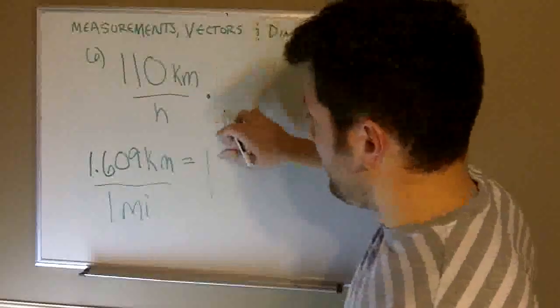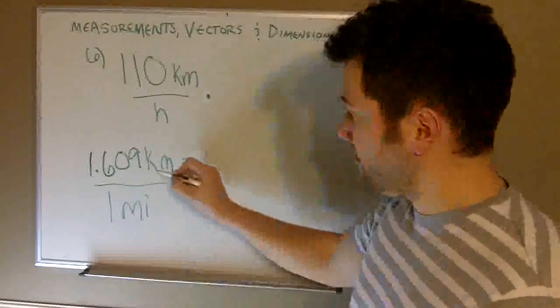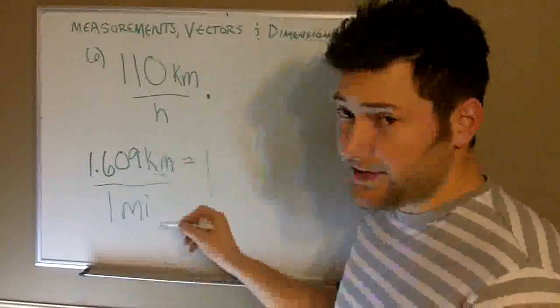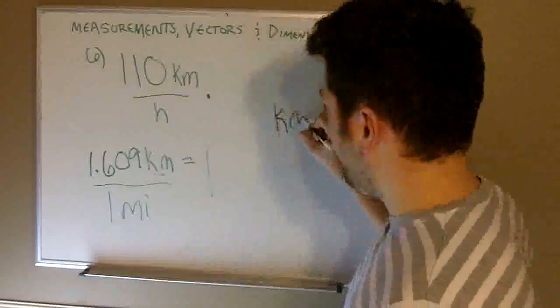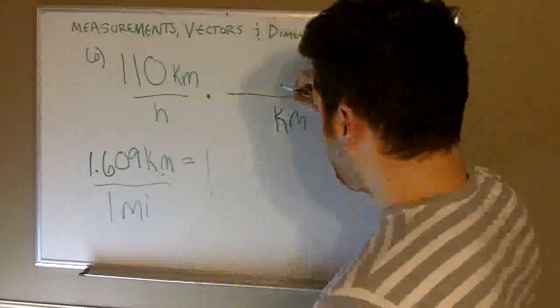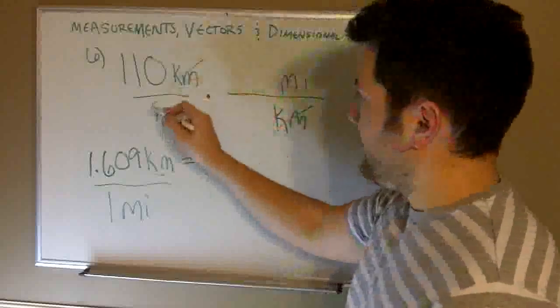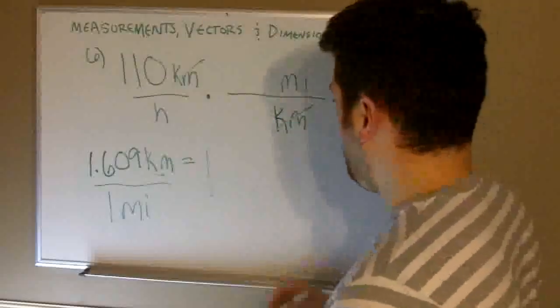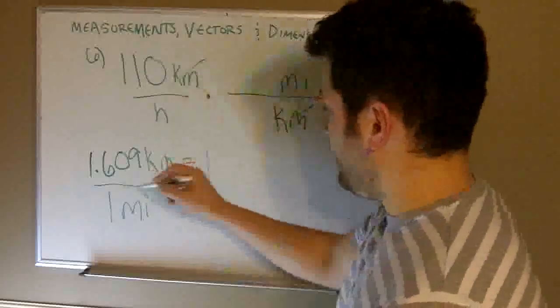So instead of timesing it by 1, we can use this. We want to get rid of our kilometers, so we have to look for where the kilometers are in this conversion. Since we want to get rid of kilometers, we want it on the bottom half. I'm sorry for my terrible handwriting, but now our kilometers will cancel, and we're going to be left with miles per hour. Now we just need to put in the numbers.